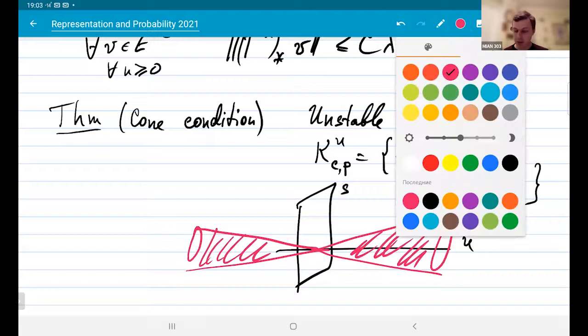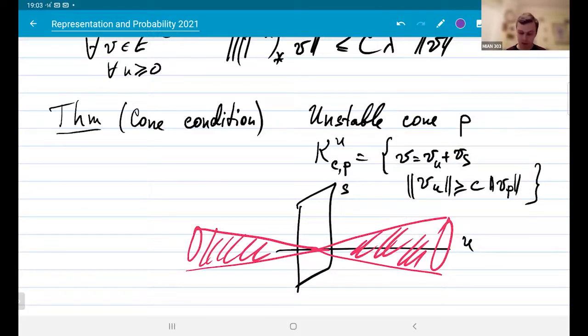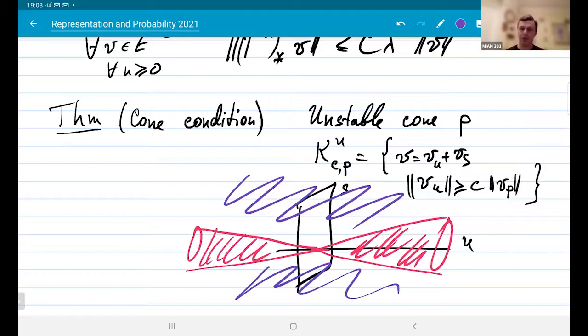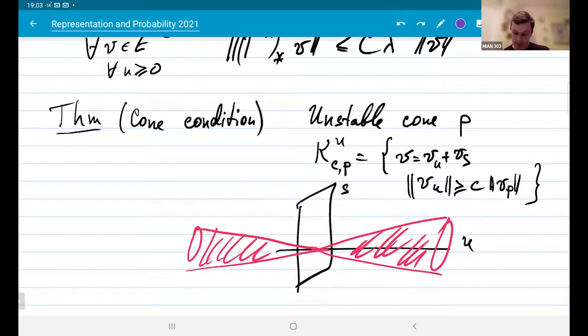And an unstable cone is this weird part, which is not normally considered a cone, but here it is. Okay, so the idea is that the cone is some set that contains EU or ES and it is somehow a neighborhood of this. Okay.